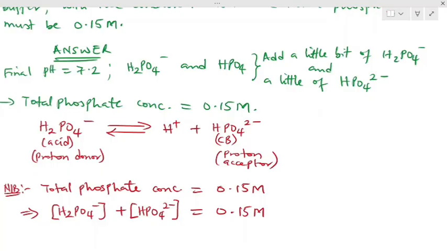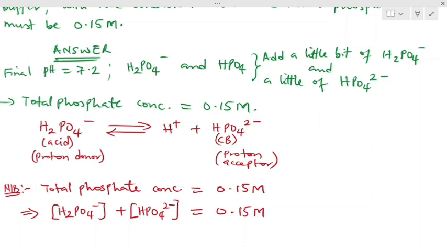One of the things you should see in biochemistry books, journals, etc., when they talk about the total phosphate concentration or the total carbonate concentration, is that they are talking about all of the different species. In this case, the phosphate that we are dealing with here is not the PO4 3 minus. Rather, the only phosphate species that we have in this question are H2PO4 minus and HPO4 2 minus, as we can see in the reaction equation.